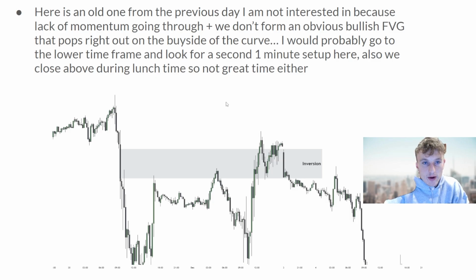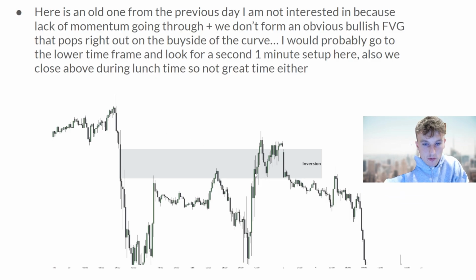Here, again, what happens here? This is an old one from the previous day. And I'm not interested. Why? Because look, there's no momentum going through it, unlike the other one. So the other one had a lot of momentum going through it, but this one did not. So this one, even though it looks very obvious, which I would agree it's obvious, we barely have any momentum going through it. Even if I did want to look for an entry off of this, I would probably not enter blindly off this.